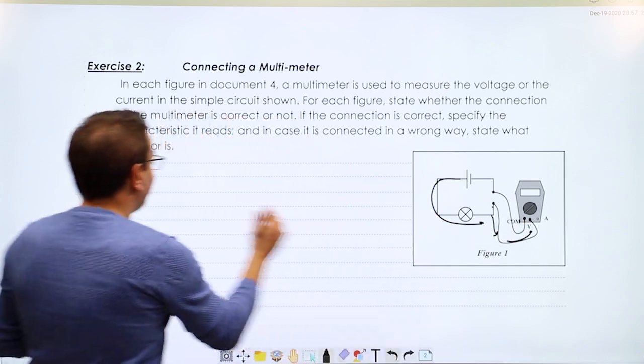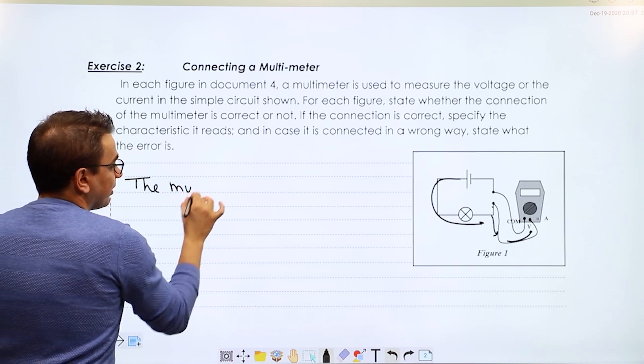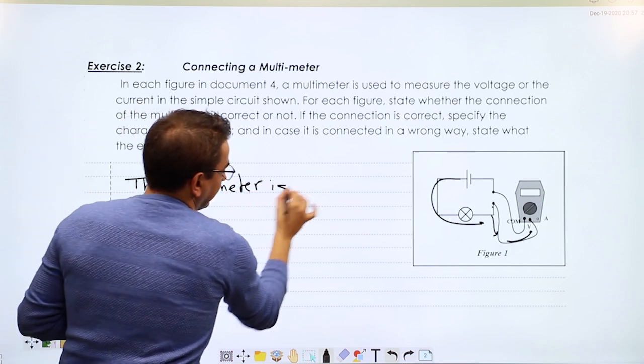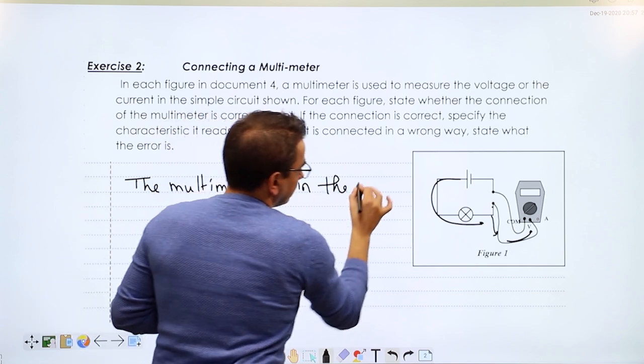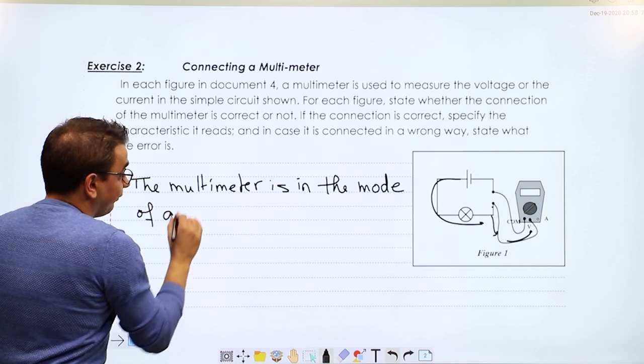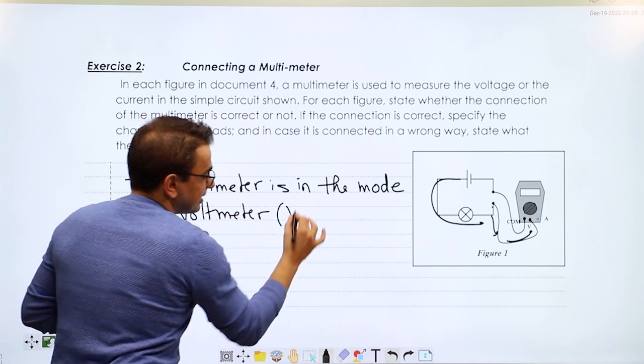So here we have the multimeter. The multimeter is in the mode of a voltmeter, which we can write, by the way, between brackets, V mode.